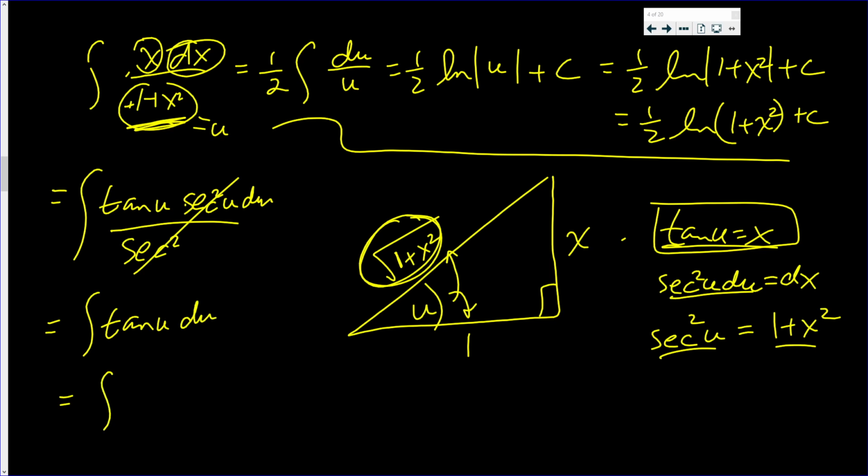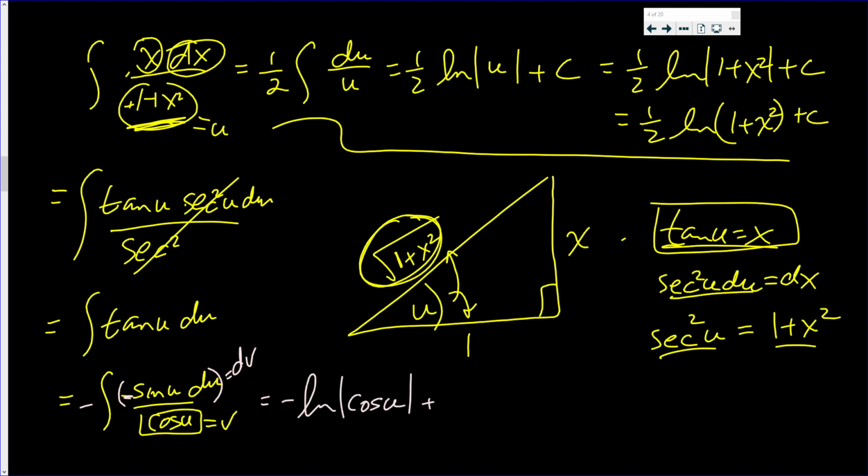Well, that's the integral of sine u du over cosine u. If I call that v, well then negative sine u du will equal dv, but I have to put a minus out. So that integral is easy. That's just ln of cosine u plus c.